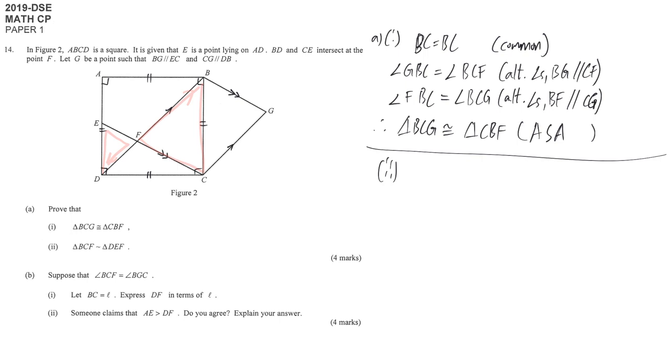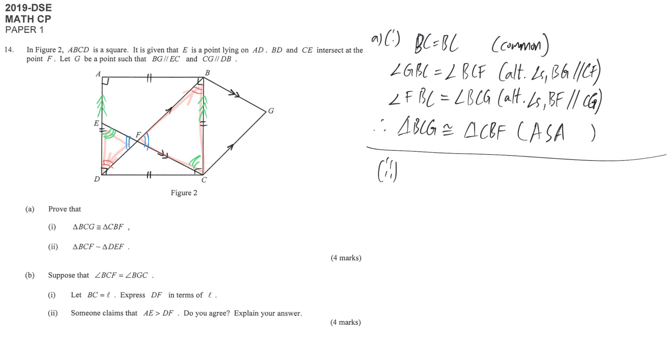First, the vertically opposite angles are the same. Second, because AD is parallel to BC, we find a C shape, and we find this angle is equal to angle FCB, and for a similar reason, the last angles are the same because of alternate angles.